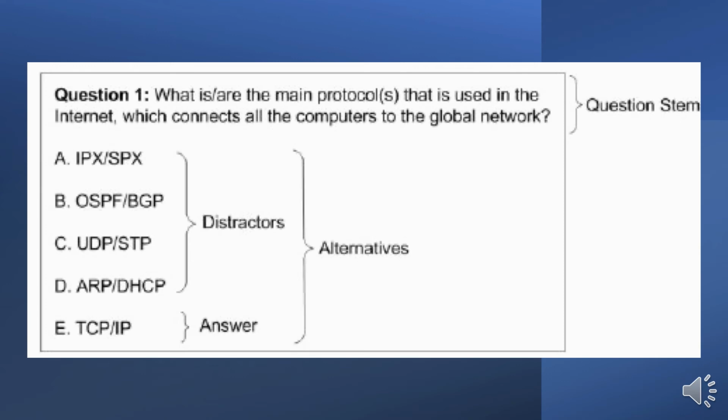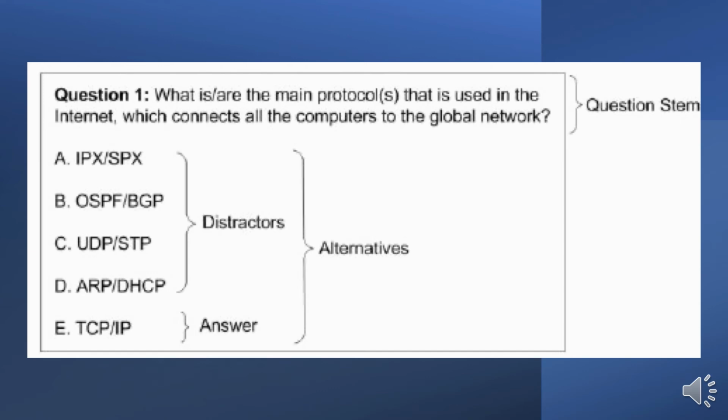So those distracting the students, they are called distractors, and these are the A to D. And the key is the answer, that is E. And all these options put together, they have a general name of alternatives. And the question is the stem. So I think that is clear enough.